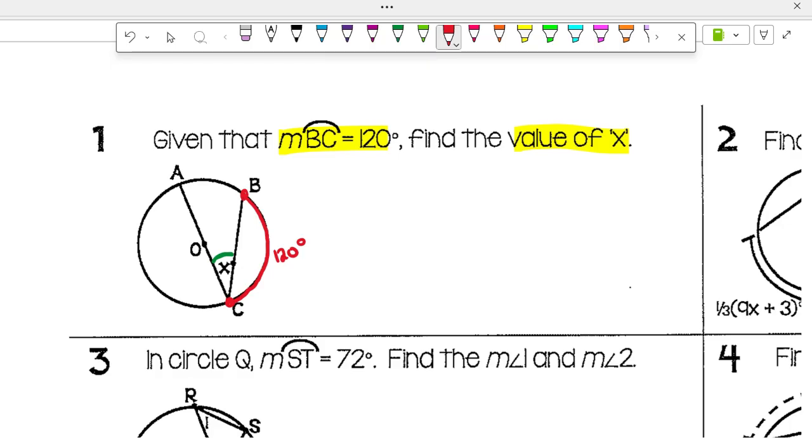It's part of a semicircle because what is AC? It's a diameter. So that means this is 180 degrees. So how would I find arc AB?